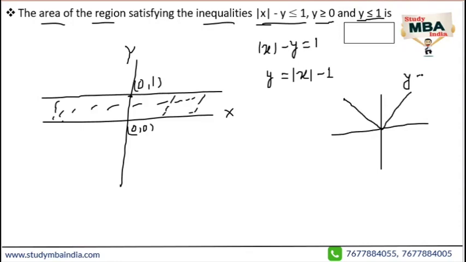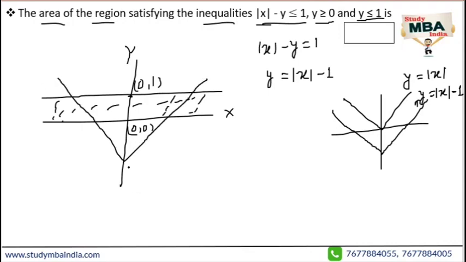For y = |x| - 1, the graph shifts 1 unit downward along the y-axis. So the graph of y = |x| - 1 will be like this.